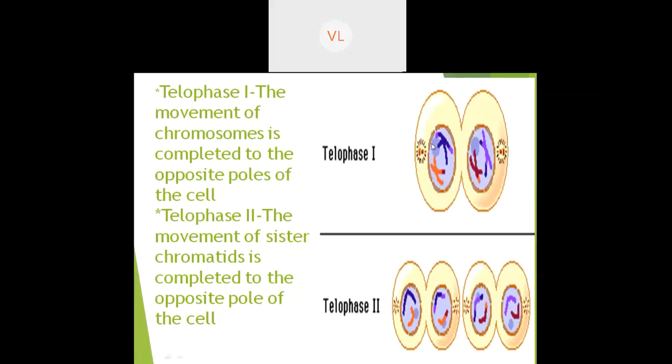So what happens here? These are the chromosomes. Remember, these chromosomes will move to the opposite poles of the cell.